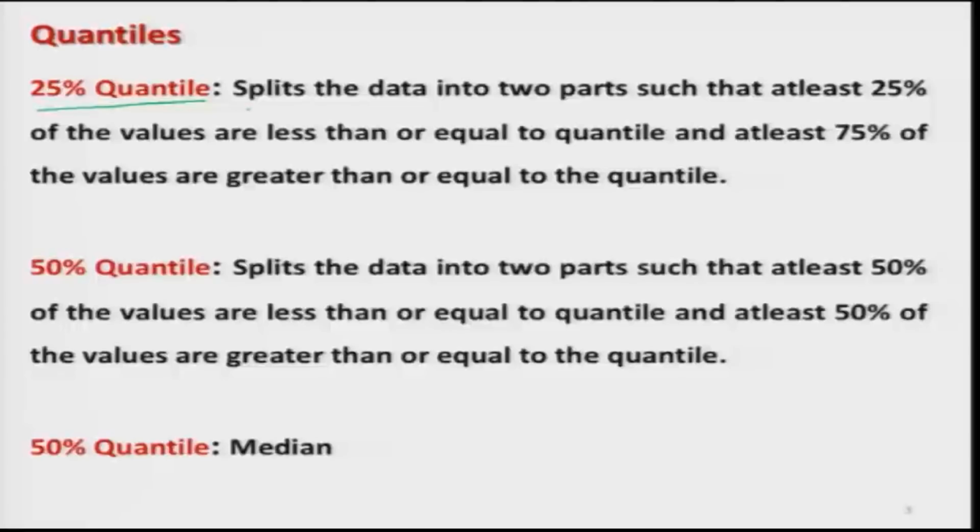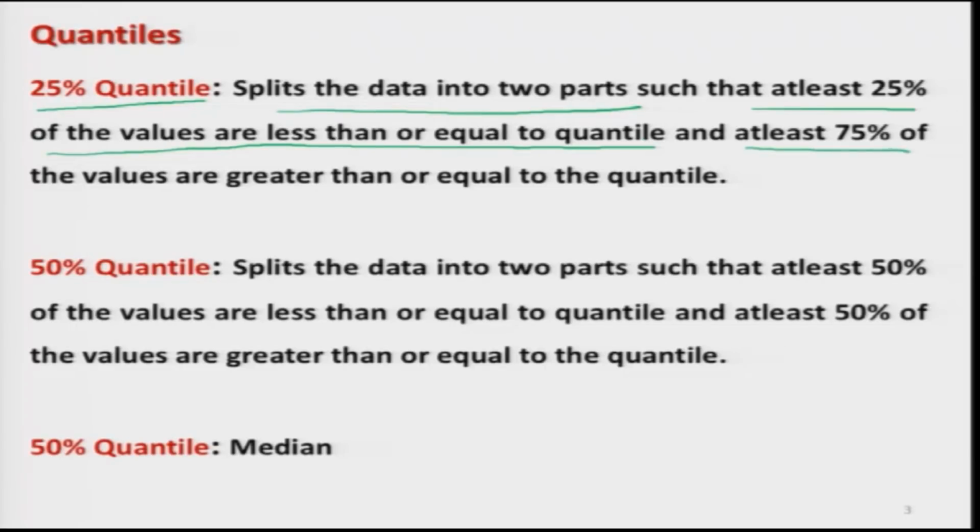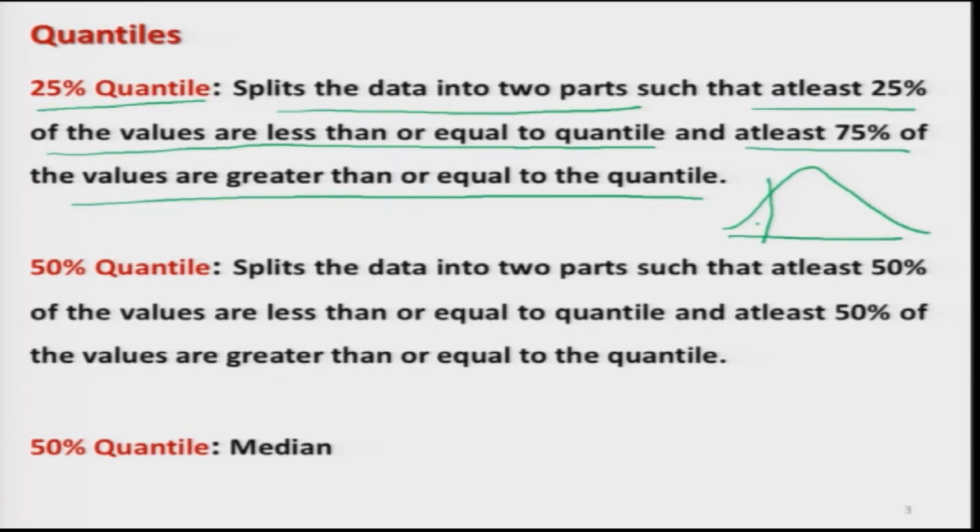Similarly, if I say 25% quantile, then it splits the data into two parts such that at least 25% of the values are less than or equal to the quantile, and at least 75% of the values are greater than or equal to that quantile. If I plot it, this is the quantile Q, this is the 25% part, and on the right hand side, this is the 75% part. So, this is the quantile value.